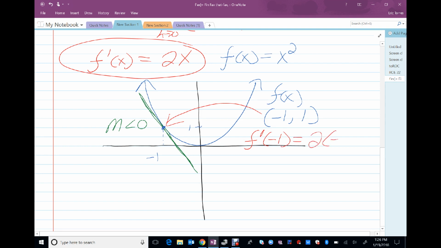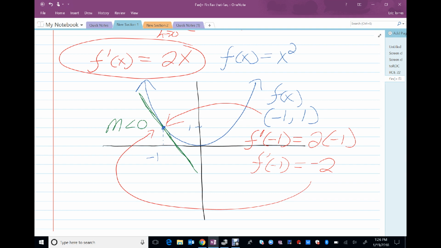One of the things you should always do is think to yourself, does this answer make sense? So what I just said is that the tangent line at negative 1, 1 of the function f of x has a slope of negative 2.